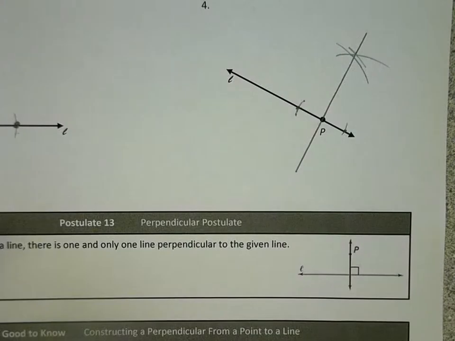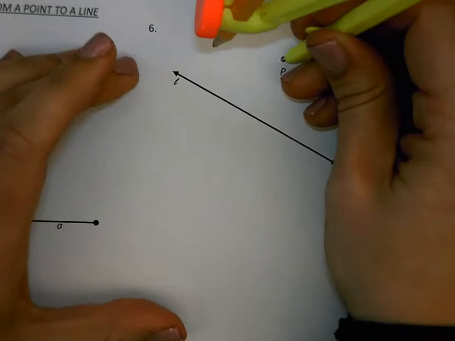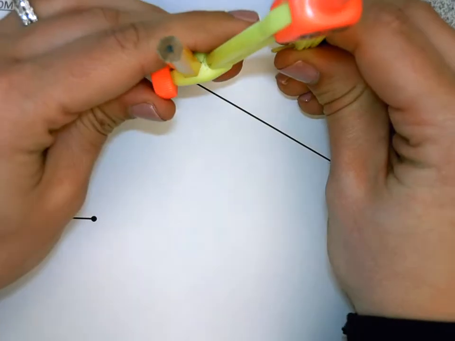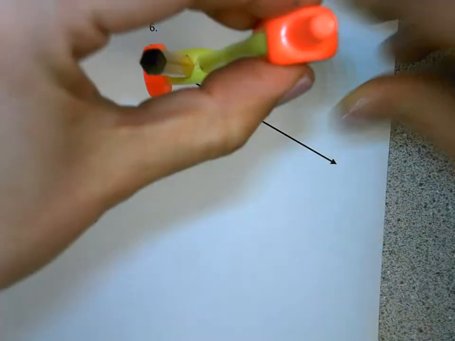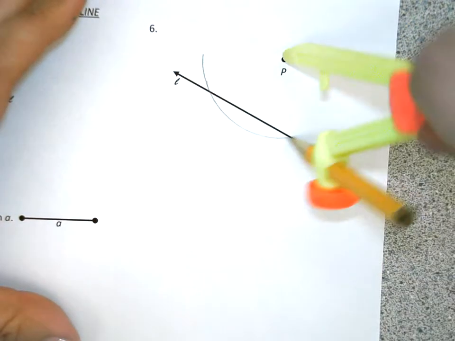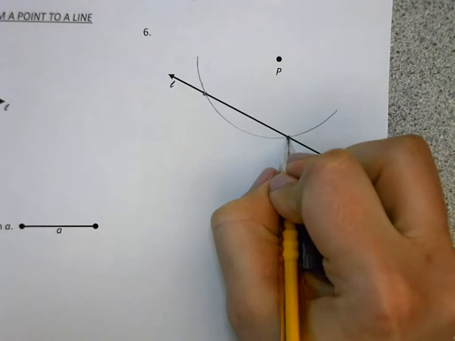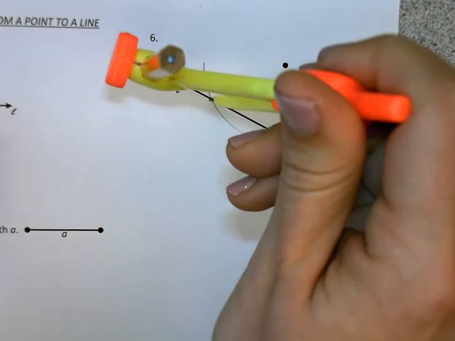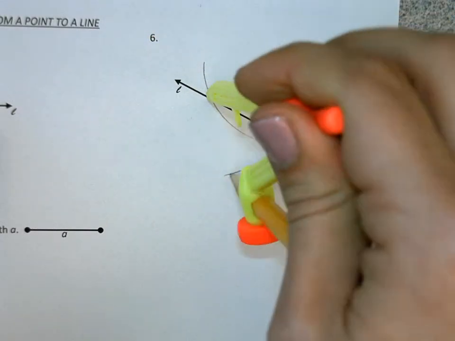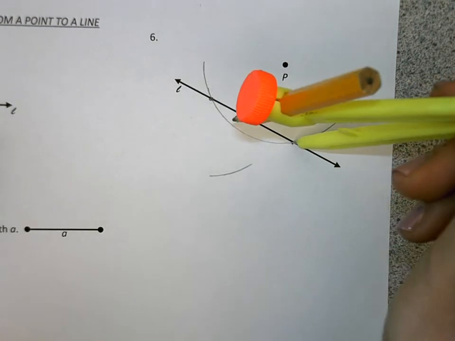And then for number 6, similar, we have to make endpoints for us to work off of. So using the point that's not on the line, you draw a big ol' arc that intersects, and using those points as your next starting point, you make 2 arcs that intersect.